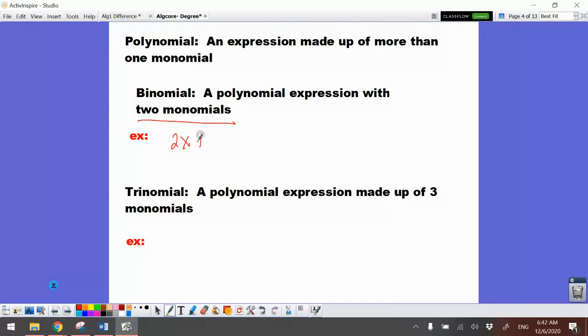So 2x plus 3y, there's two different things here, two different terms. 5x plus 10, x minus y, 5 minus 3x. All of those are binomials. There's two.